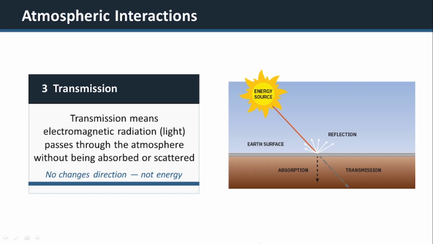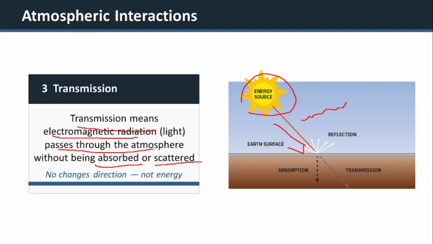Now the third atmospheric interaction is transmission. First, I will tell you briefly about transmission. Transmission basically means the electromagnetic radiations pass through the atmosphere without being absorbed or scattered. The sun is emitting the electromagnetic radiations and these radiations are passing through the atmosphere without being absorbed. These radiations are neither absorbed nor scattered.